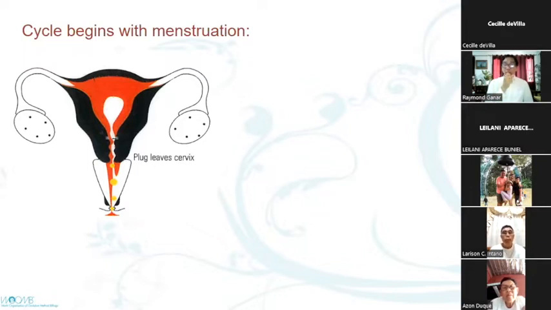So take note of the mucus plug or the G mucus that closes the cervix. So during the menstrual bleeding, plug leaves the cervix. Cervix is open. That is why Doctors John and Evelyn Billings would like to inform us that during menstruation, it is known to be a possible fertile period.